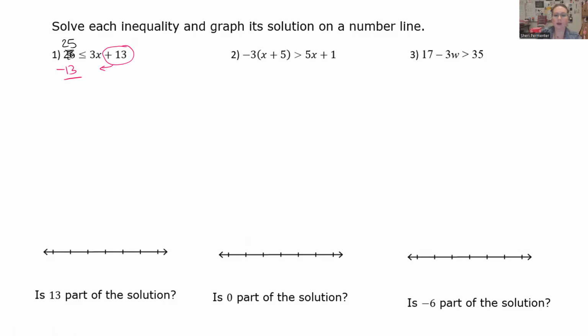If you struggle with adding and subtracting, please use a calculator. What is 25 minus 13? 12. And then what would my last step be to get x by itself? Divide by 3. What's 12 divided by 3?